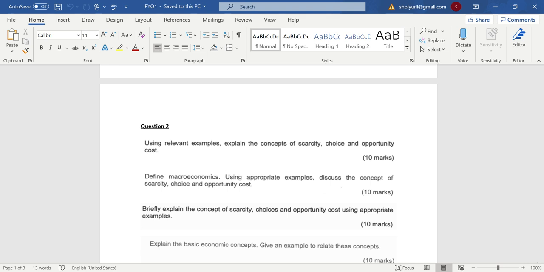explain this. For example, in terms of scarcity of money, you as a student, you have 10 ringgit to spend every day maximum, meaning that you have scarcity of money, right? Meaning that you cannot go beyond that. You have only 10 ringgit. The thing is, you have plenty of things to do with the 10 ringgit. First of all, you want to go to the wayang and watch movie with your friends. Okay, worth 10 ringgit.